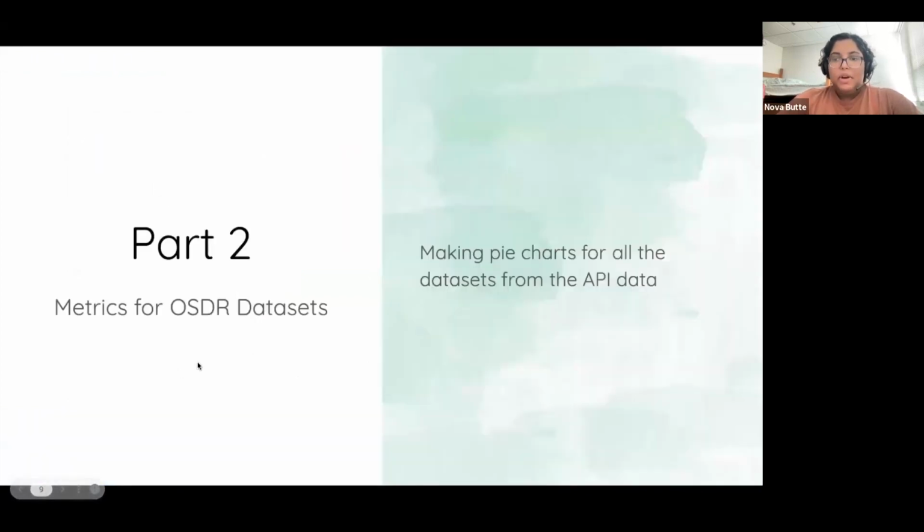And then this is part 2 of my project. Once I finished making the graphs for part 1, I moved on to part 2, which was looking at the statistics and the metrics for the datasets themselves, which I got from the OSDR API. So the OSDR API had the data in a CSV file as a link online. So I read in the CSV file from that link with the relevant columns for each pie chart.